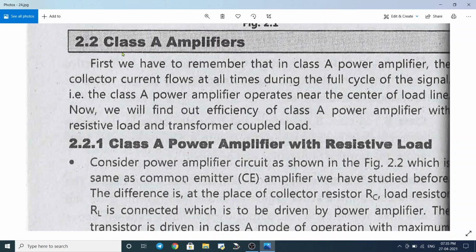In this lecture, we want to see class A amplifiers, class A power amplifiers. We know that for a class A power amplifier, the collector current flows through the transistor at all times during the full cycle of the input signal.